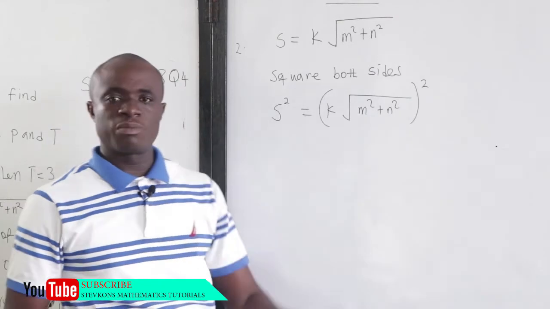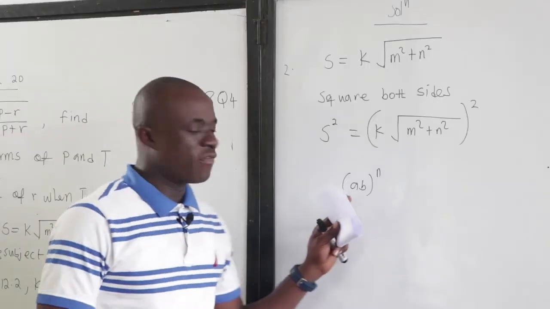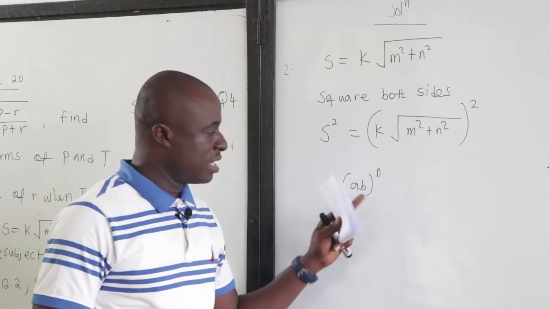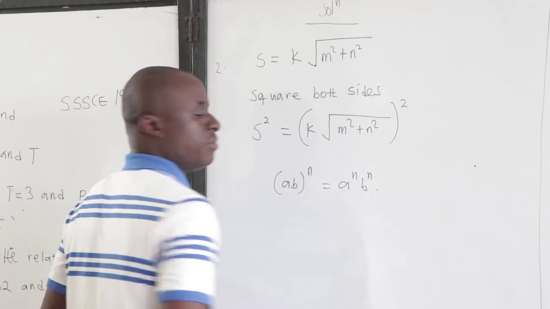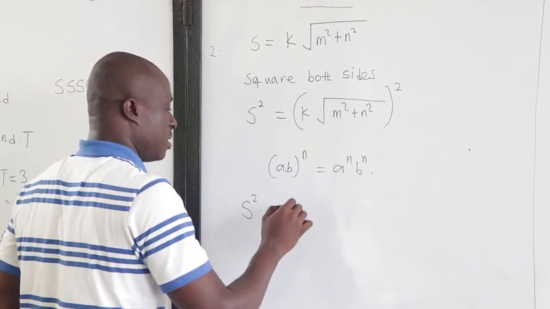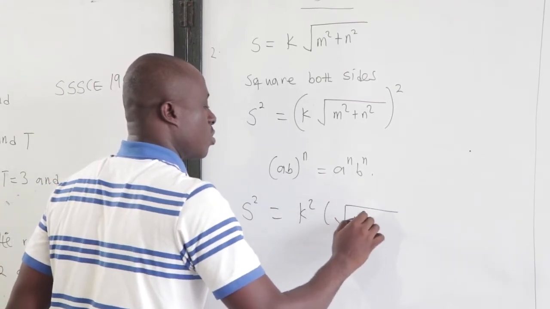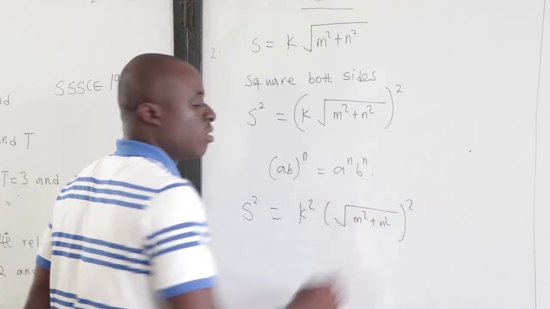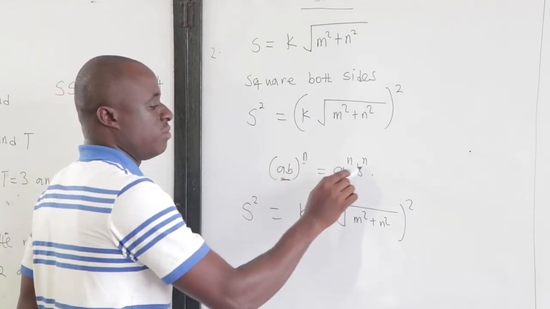Now, K is multiplying the square root of M squared plus N squared. What do we know? If you have (AB) all to the power n, the A is multiplying the B, this is equal to A^n B^n. So this, we have S squared, and this becomes K squared times (M squared plus N squared), because if you have (AB) to the power n, it's A^n B^n.